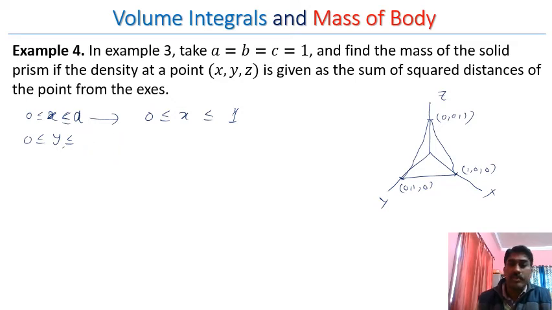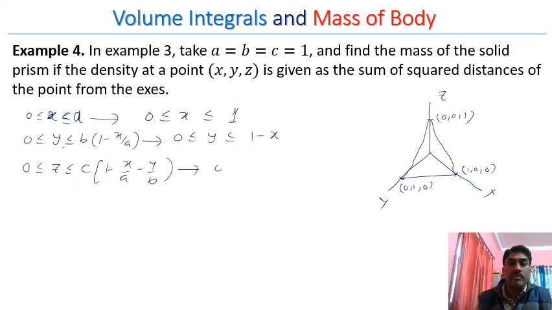Just go back in the video a few minutes earlier and see that y was varying between 0 and b times (1 minus x by a). So because b and a are 1, 0 less than y less than 1 minus x, and z was varying between 0 and c times (1 minus x by a minus y by b). Again a, b, c are 1, so this means 0 less than z less than or equal to 1 minus x minus y.